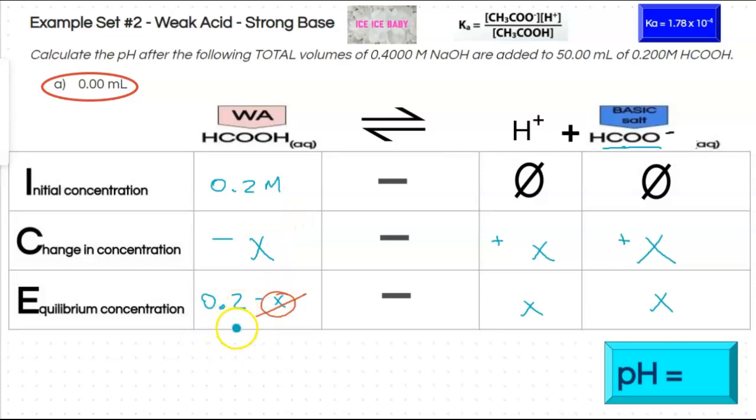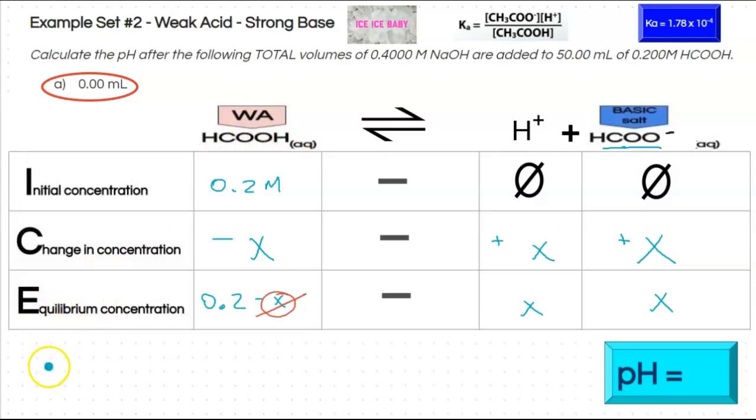So to solve for X, I've got to come back up here and I'm going to utilize my Ka expression, where the Ka of my acid is equal to the concentration of our anion times the hydrogens over the acid concentration. Notice that the Ka expression is written for ethanoic acid. We are using methanoic acid, but the Ka expression looks the same.